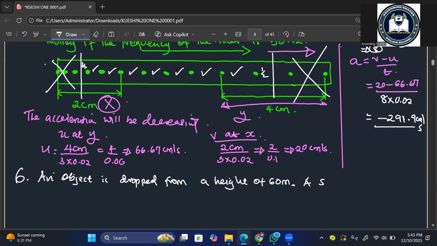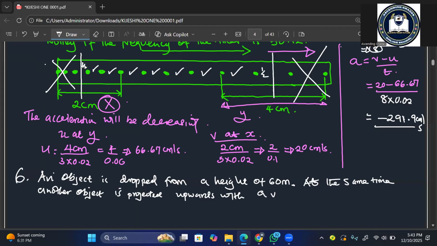At the same time, another body is projected upwards with a velocity of 20 meters per second.